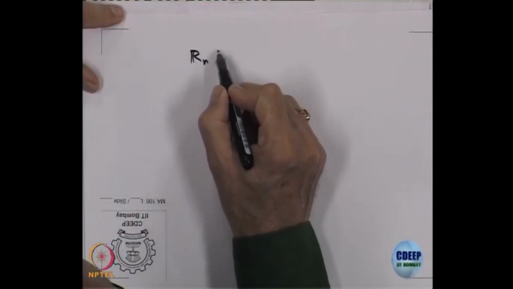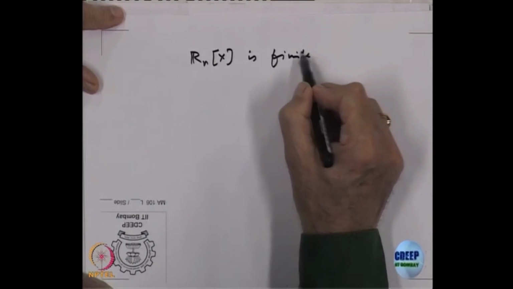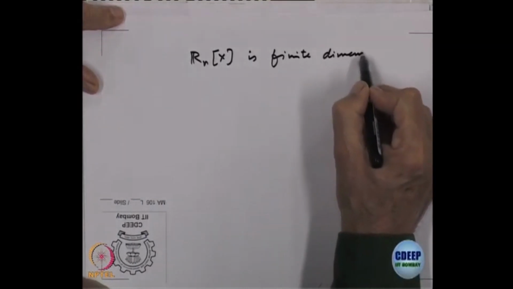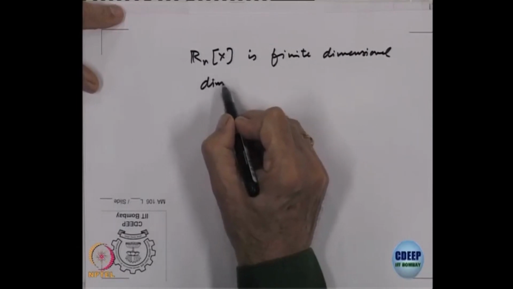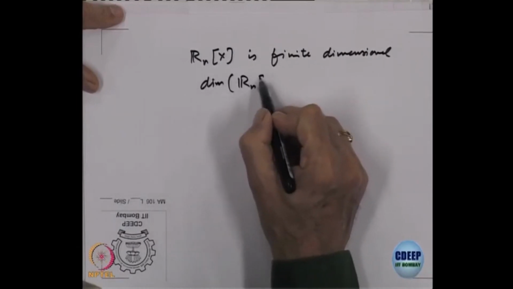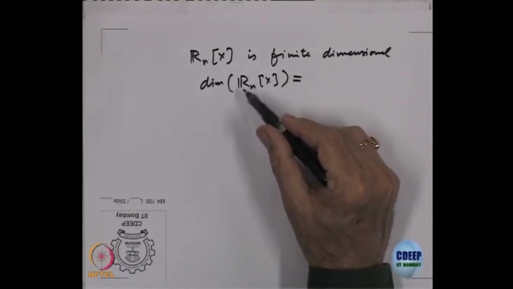So, let us look at examples. R n x, the polynomials of degree at most n, is finite dimensional. What is the dimension of this? We got a generator, right.